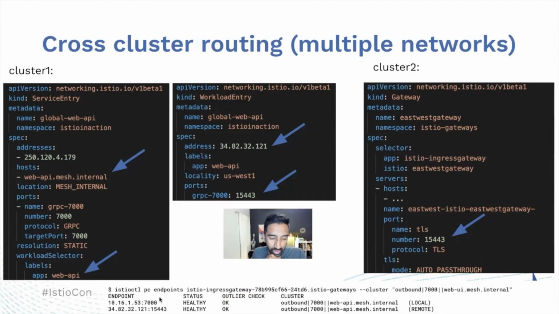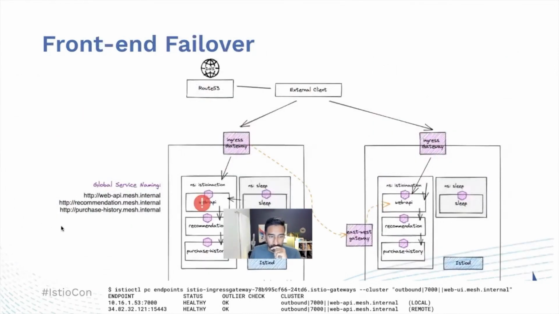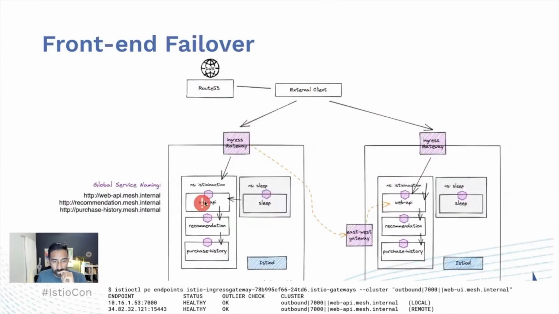So if you look at the output on the bottom, you can see that I have both the local as well as the remote service as the endpoints for my web API mesh internal. All right, so now, if web API were to go down, the ingress gateway's local endpoint will fail, and it will just send traffic to the east-west gateway on the remote cluster.